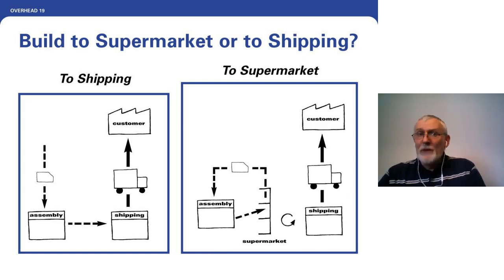Another question we might want to think about is, do we build to shipping and just build it and ship it, or do we actually want to have a supermarket there? The answer typically will depend on the volatility of the variation in the shipments to the customer. So if it's a very steady, stable environment, not a whole lot of value in terms of putting a supermarket in.